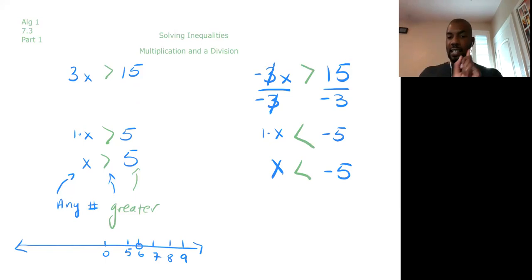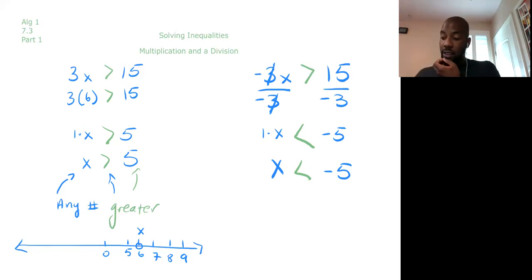If I select 6 for x, which is a number larger than 5, I would get 3 times 6 greater than 15. Or said another way, if x is 6 and I multiply it by 3, will I get a number that is larger than 15?